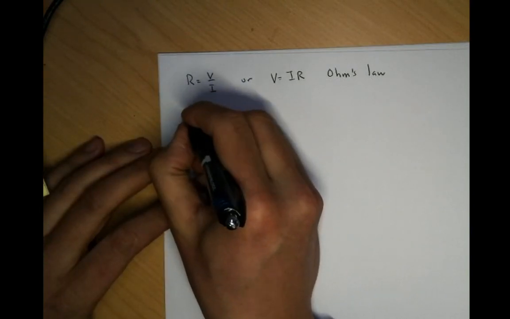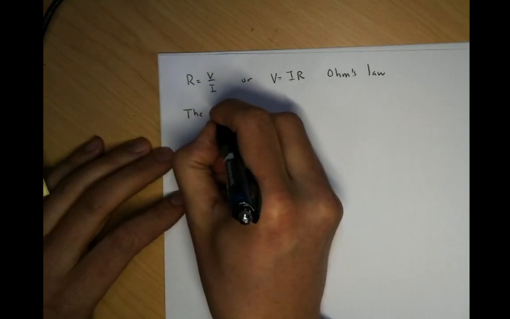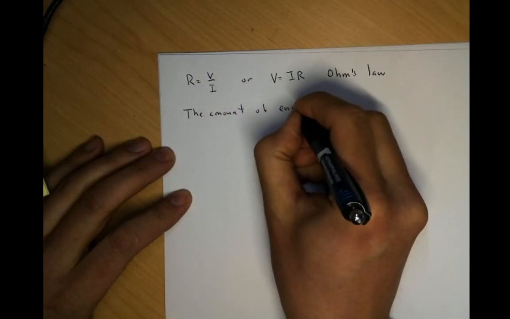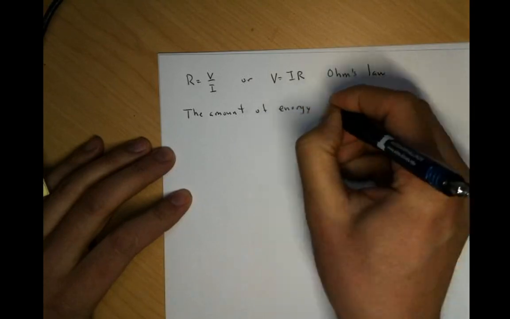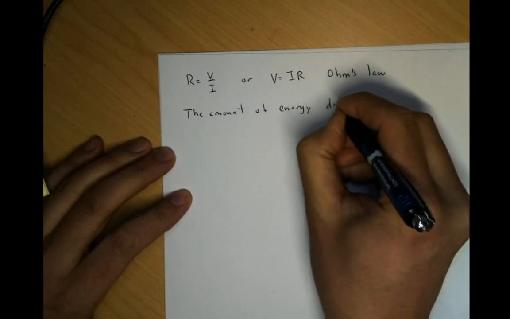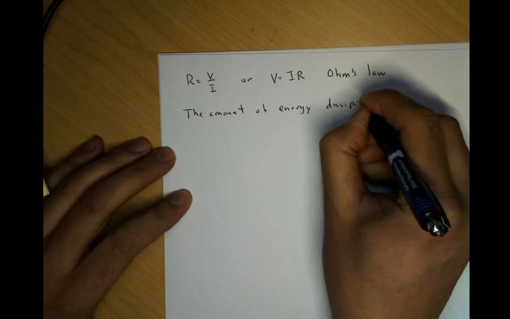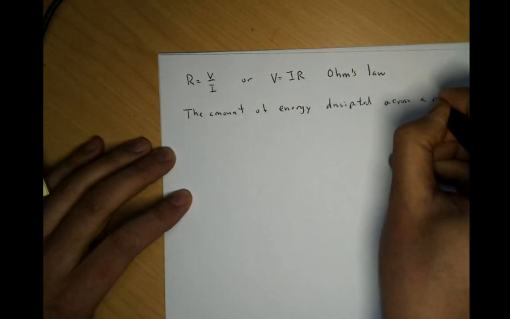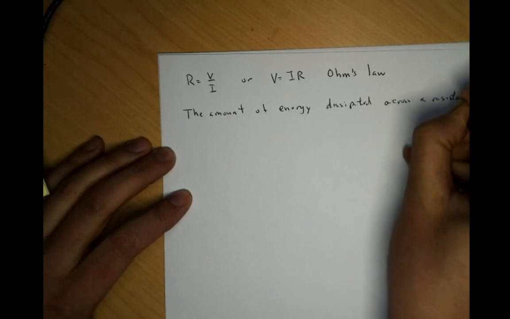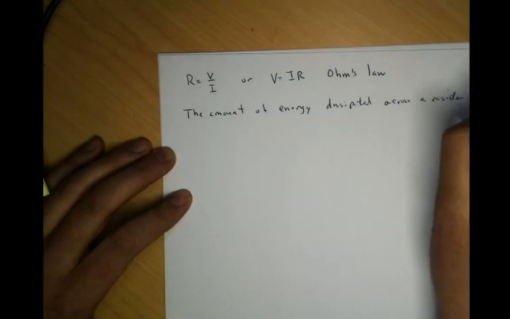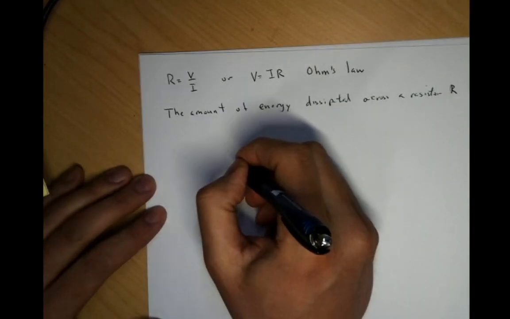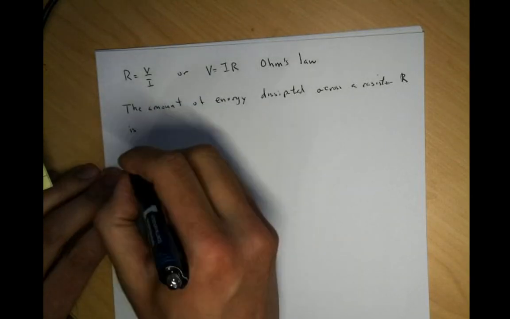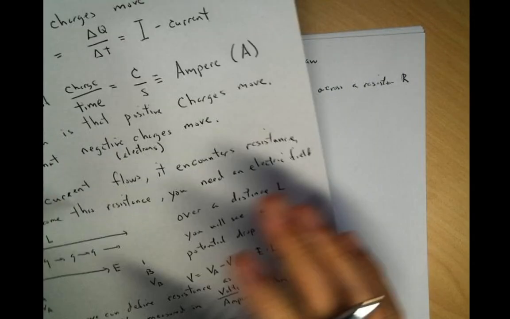Okay, so the amount of energy dissipated across a resistor R is, let's figure that out. We basically drew this picture here.